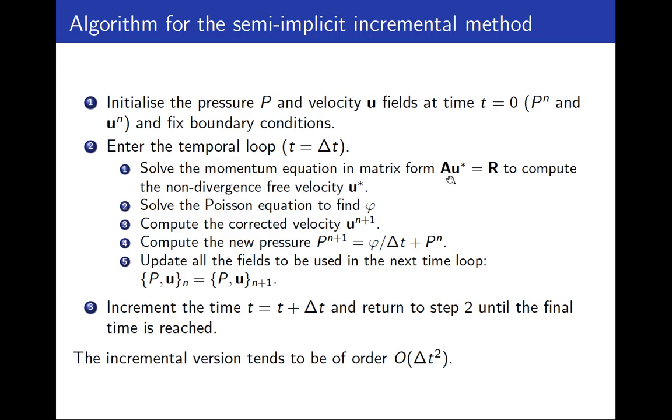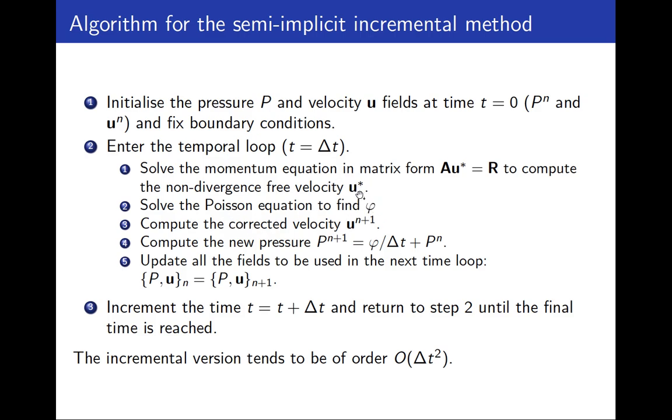A is a matrix of coefficients. U star is our vector of unknowns, or vector of variables. And R is a vector of constants or source terms. Once we solve this matrix system, we will obtain the non-divergence-free velocity u star. Once we have this information, we can solve the Poisson equation to find phi.